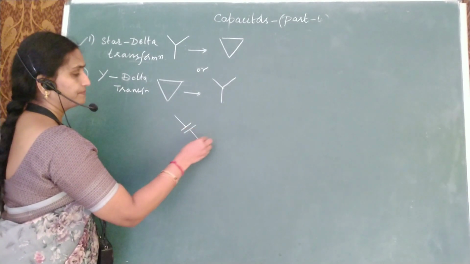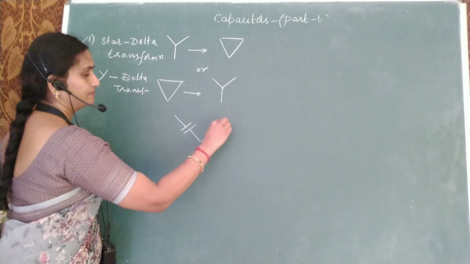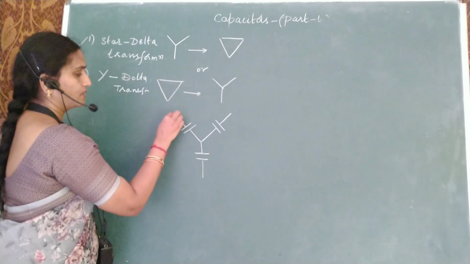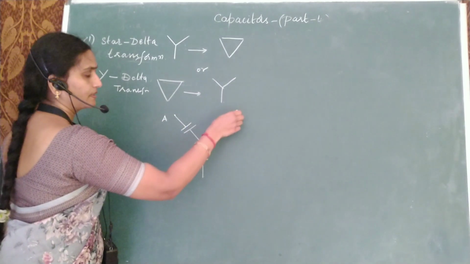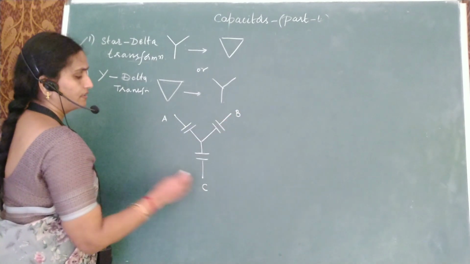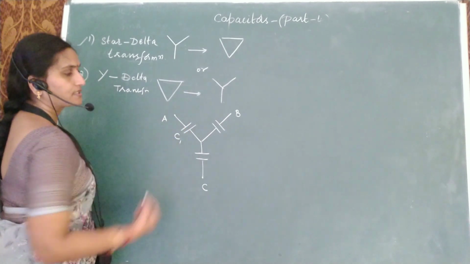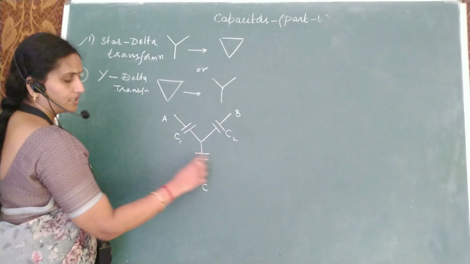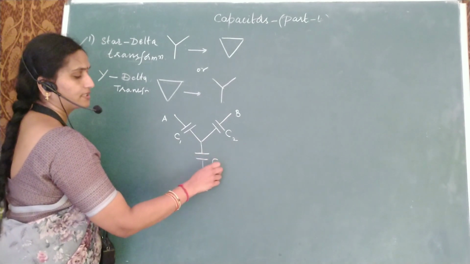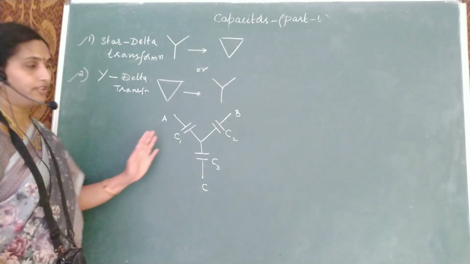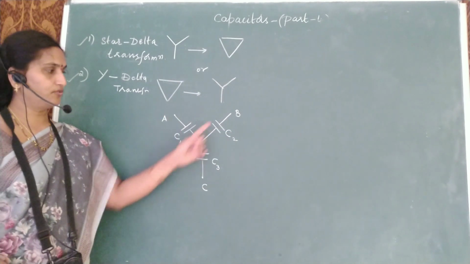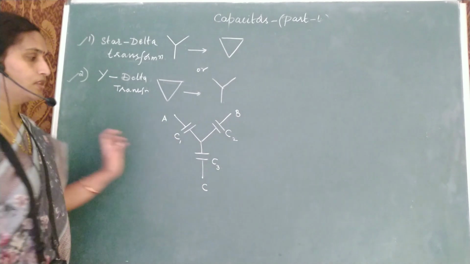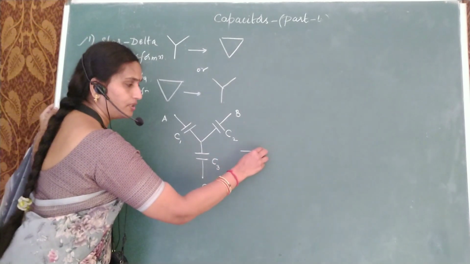I repeat: this is A, B and C. Let me call this capacitance C1, to terminal B I will call it C2, and to this terminal I will call it C3. We have 3 capacitors in the form of a star or Y shape, and now I want to transform it into delta.